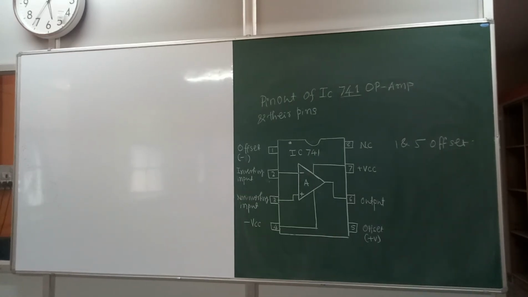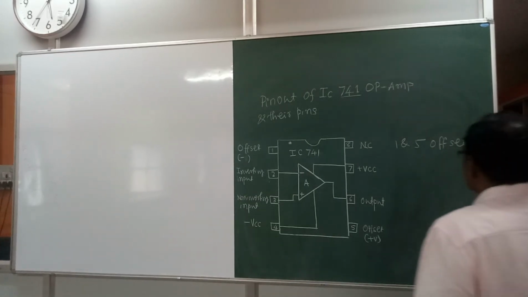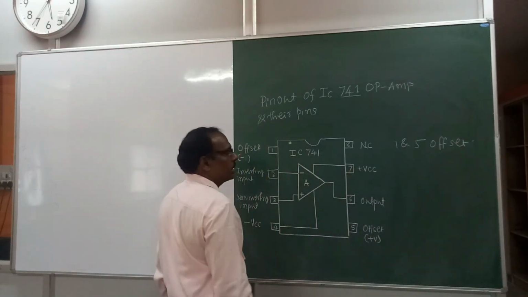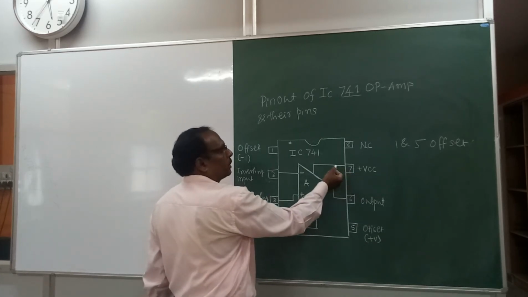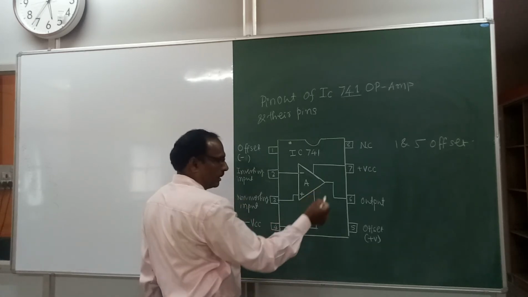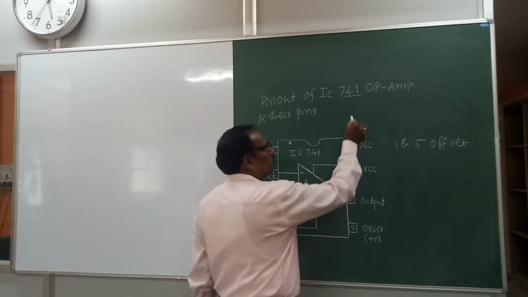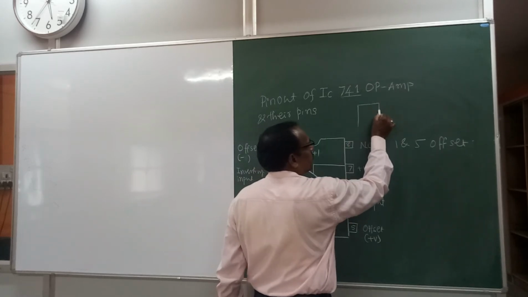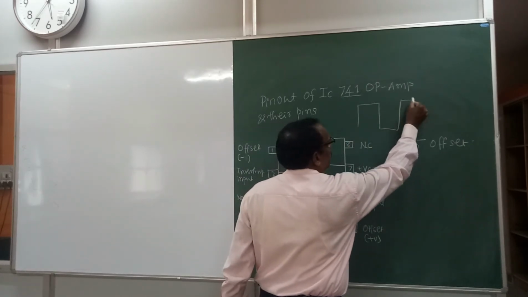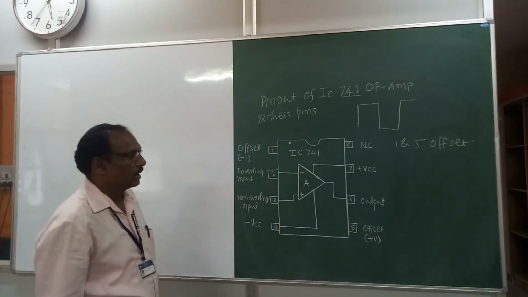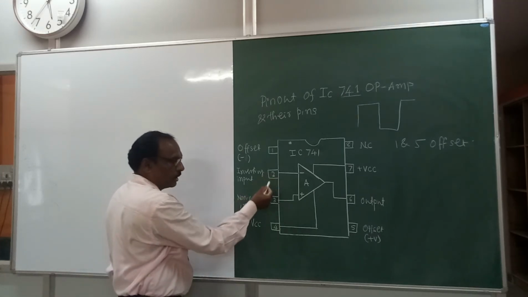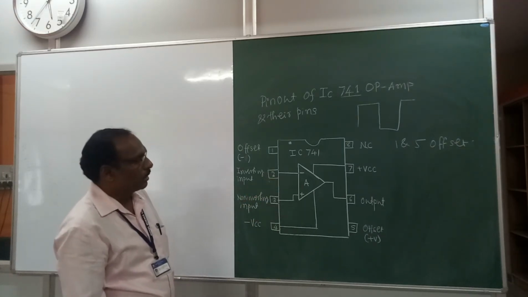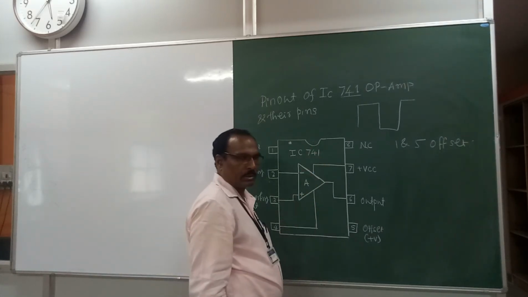If you bias this IC with a dual power supply, connecting the positive terminal to pin number 7 and the negative to pin 4, and measure the output on the CRO, you can see a DC level, a rectangular pulse with respect to ground. That means even without any input, with the inputs floating or not connected, it gives an output.